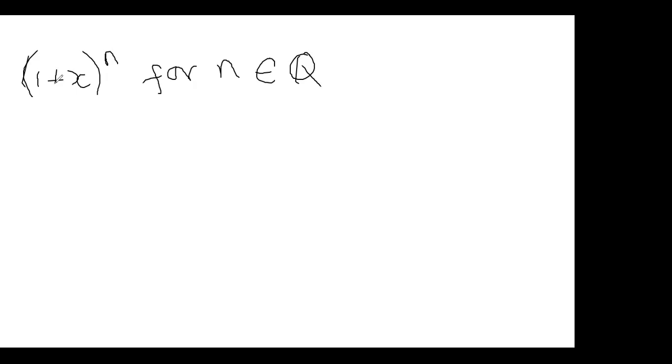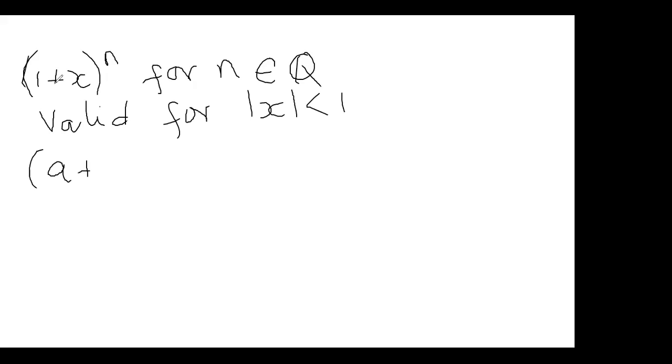Now, this expansion is valid for absolute value of x less than 1. So that's the condition. If absolute value of x is greater than or equal to 1, then the expansion is not valid. So then how do we deal with situations where you have, for instance, something like a plus x, where a is not equal to 1?